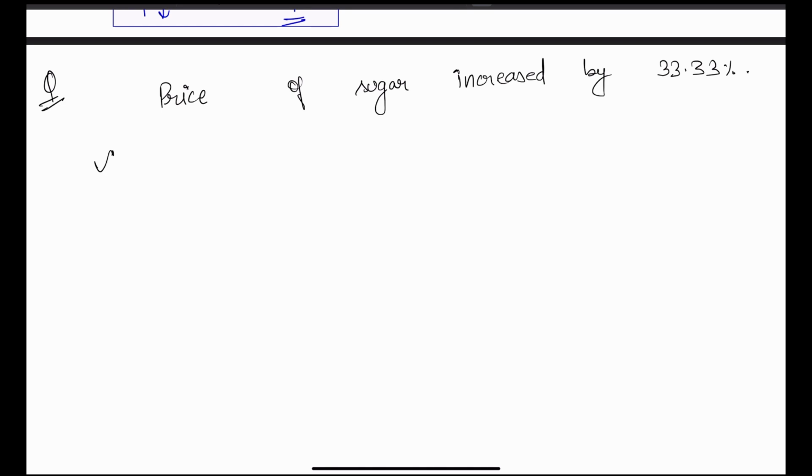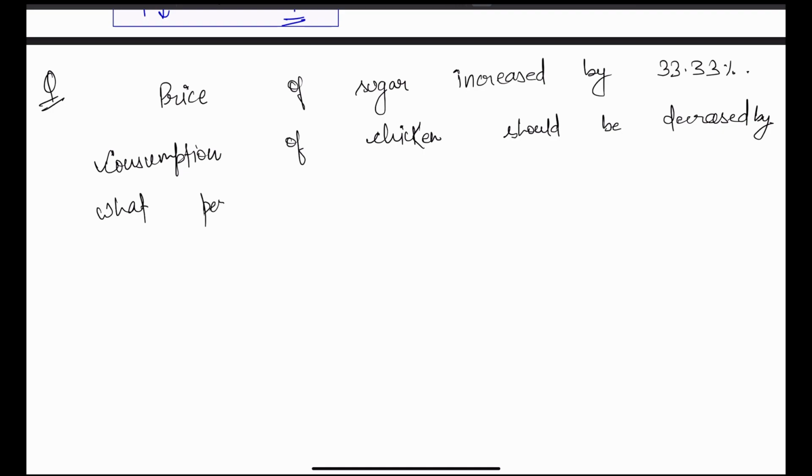The question is, consumption of chicken should be decreased by what percentage to maintain the same expenditure? So the question already said the expenditure should be constant.